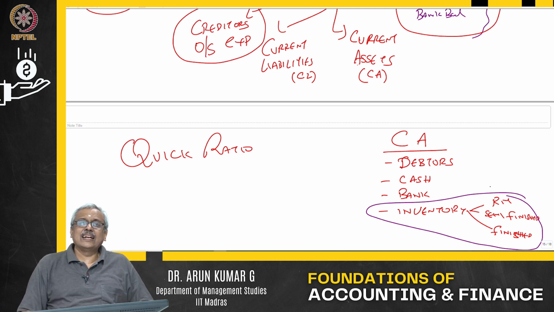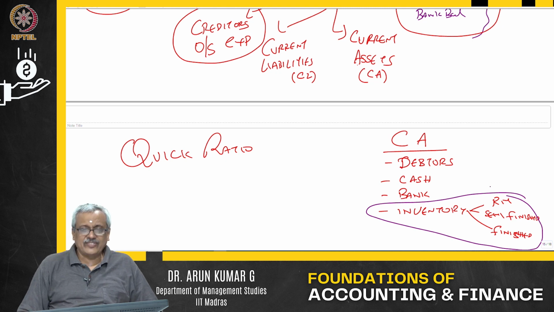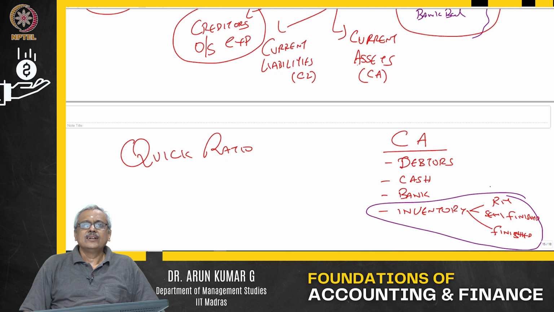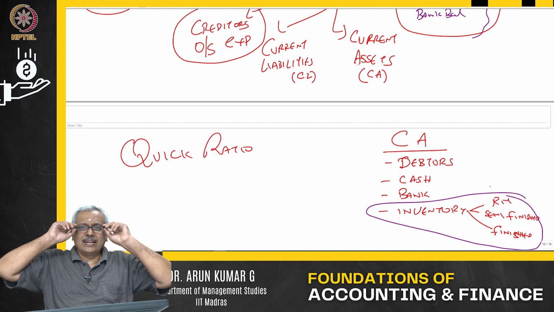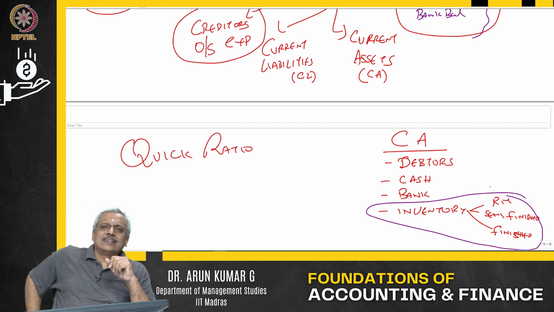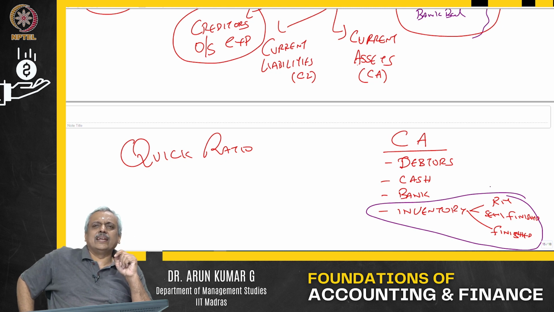Credit debtors, sir, it is very difficult to collect. Yes, it is difficult to collect. I can do discounting. What is discounting? Supposing I am going to get 1 lakh on the 24th of February on a sale I made, but I need money today.